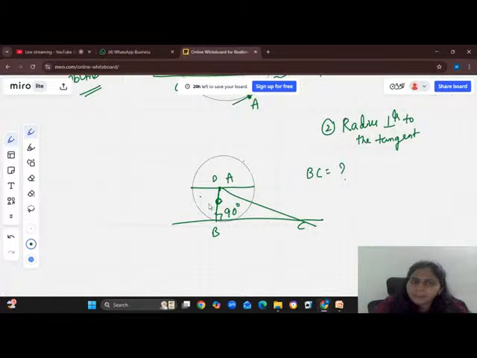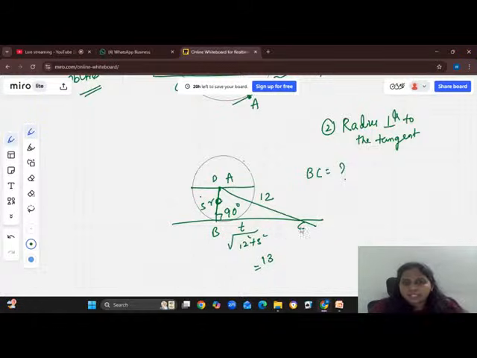Now they have given this as 12 and 5. Sometimes they don't give you the hypotenuse, then you solve using the Pythagoras theorem: 12 squared plus 5 squared, 144 plus 25, 169, so we got 13. We got directly the PC value, 13.